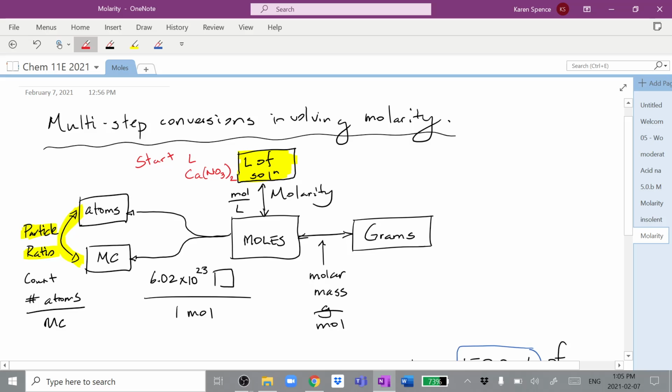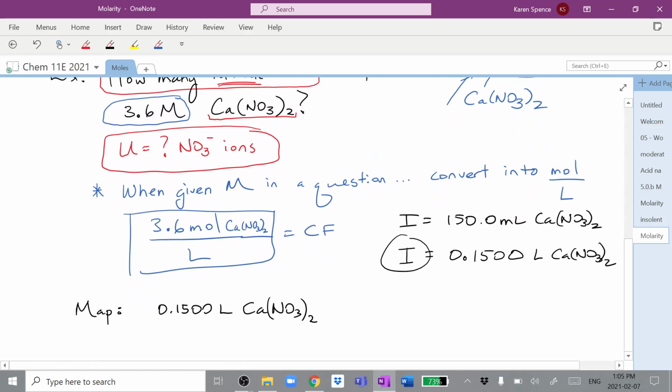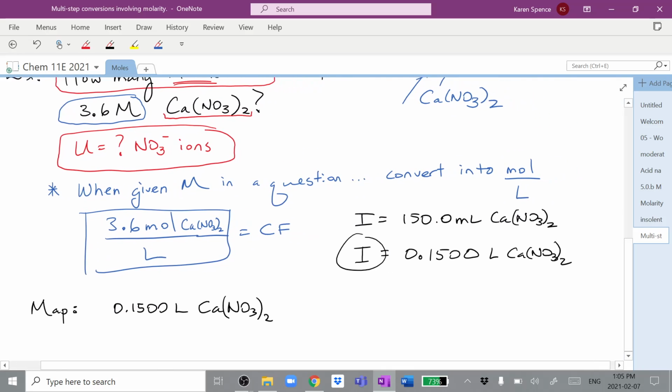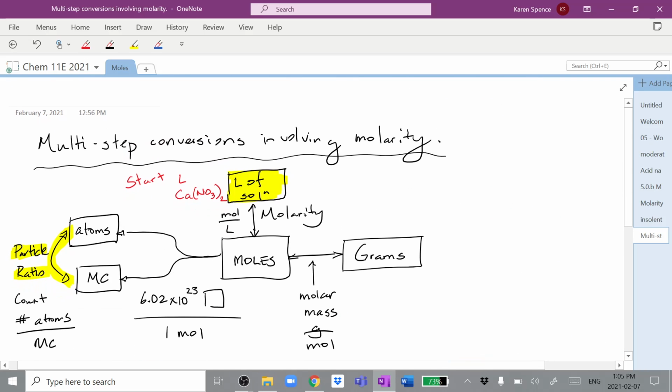Now, I want to finish with my unknown, which is nitrate ions. So somewhere way over here, we're going to finish with nitrate ions. And ions in our little chart up here actually correspond to atoms. So it's atoms, or ions.